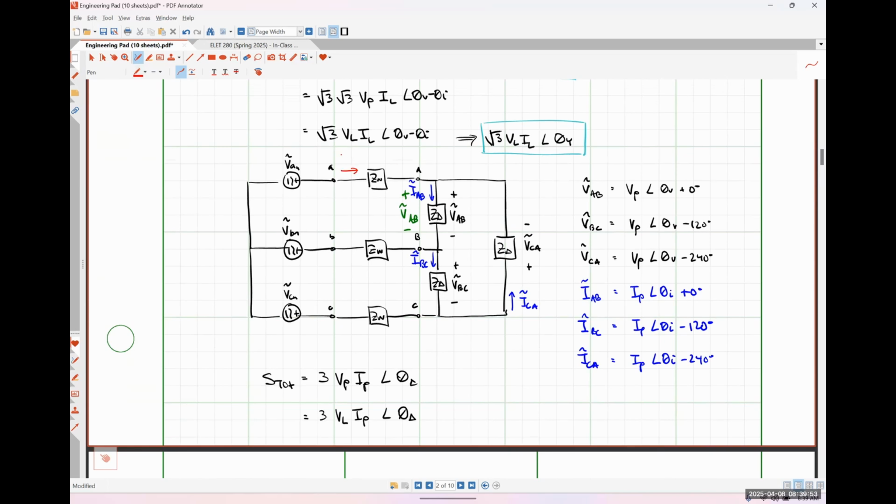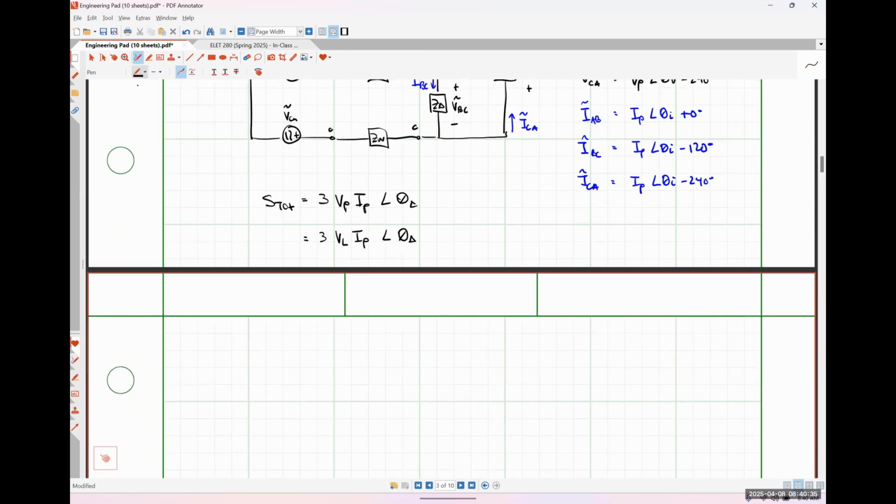Okay. Now, what's the relationship between my line currents and my phase currents in this delta connected system? So IAB multiplied by √3 angle negative 30 degrees is IAA. So I take my phase current, IAB, multiply it by √3 angle negative 30, and I get my line current. So the difference in magnitude is once again just a factor of the square root of 3.